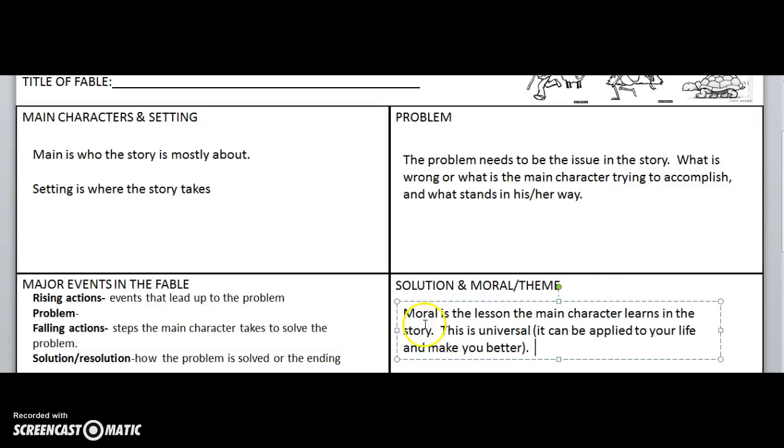So, if we are looking for the theme, we're looking for something that's common and that people all deal with in their life. So when I talk about theme, it's going to be something that is common and experienced throughout life.